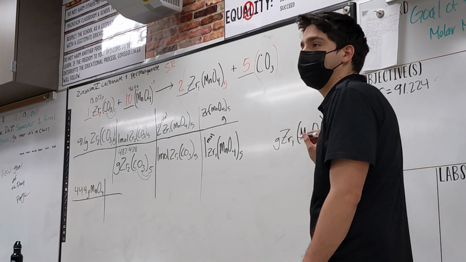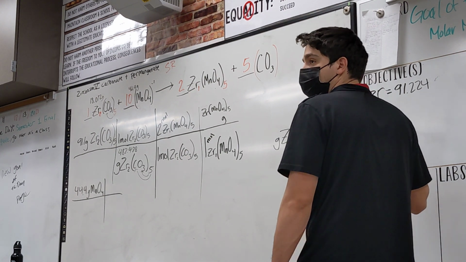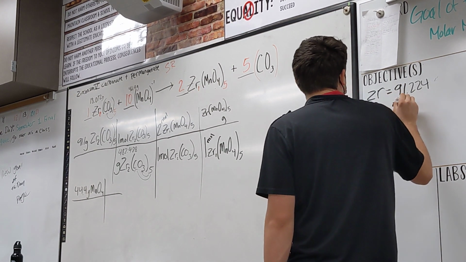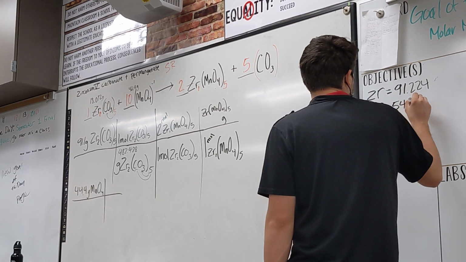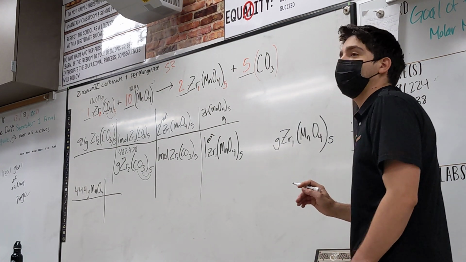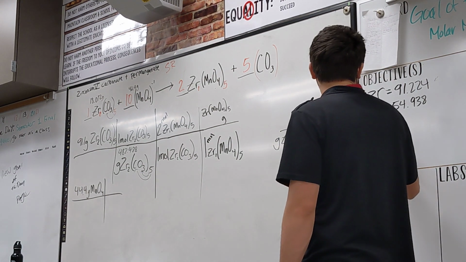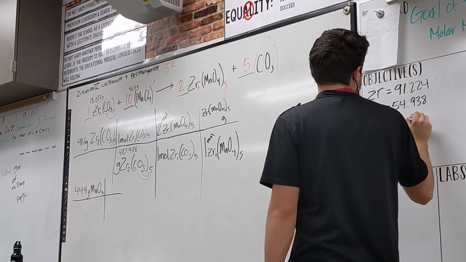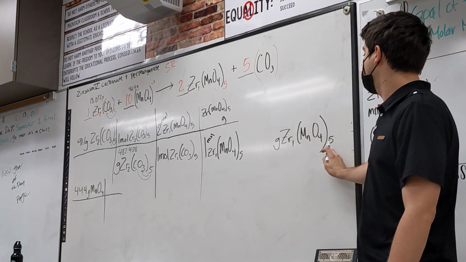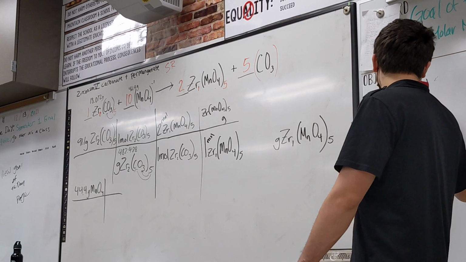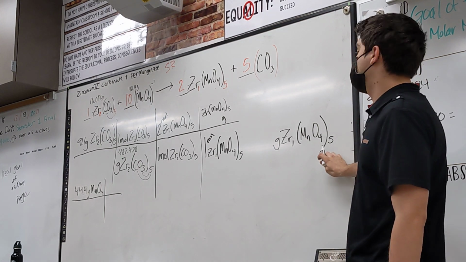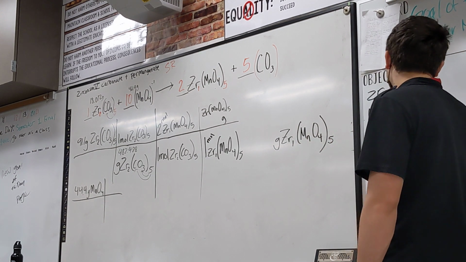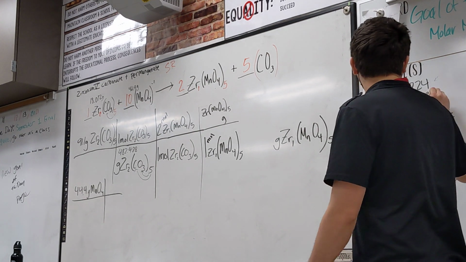What's the value of Mn? 54.938. And what's the value of oxygen? 15.999. Times how many oxygens do we have? 5 times 4, 20. How many manganese do we have? 1, 5. Exactly, 5 times 1 is 5.